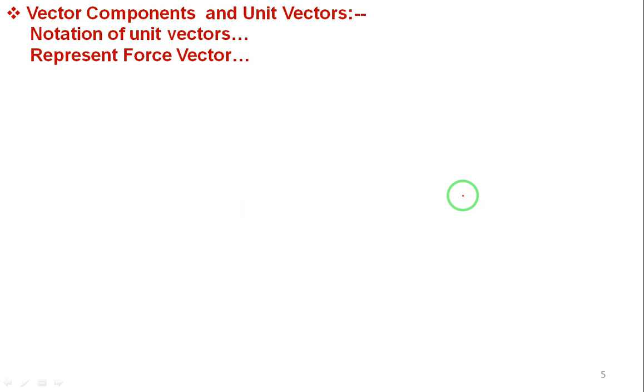I will not tell much here. We should know what vector components and unit vectors are. Unit vectors we have seen, and the notation of unit vectors also we have seen, and how to represent any given vector, whether it may be a velocity vector or force vector, whatever it is.